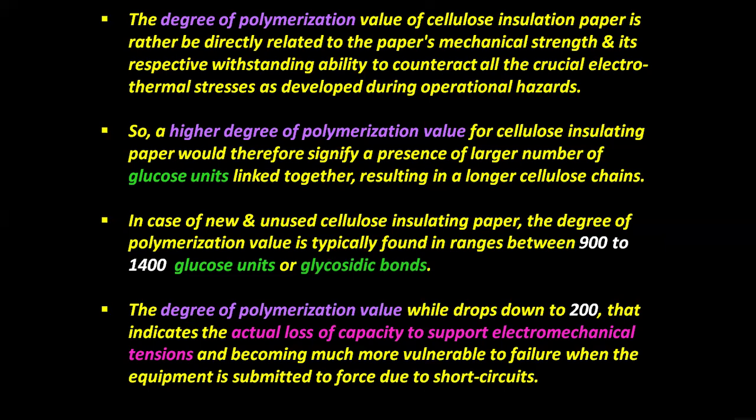When the degree of polymerization value drops down to 200, that indicates the actual loss of capacity to support electromechanical tensions, and the paper becomes much more vulnerable to failure when the equipment is subjected to force due to short circuits.